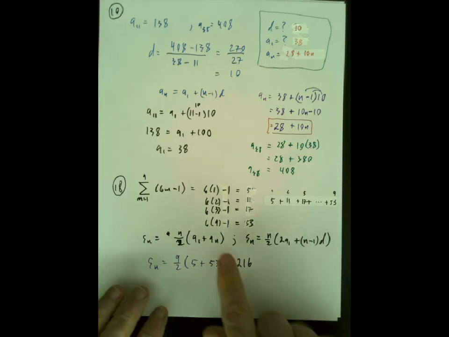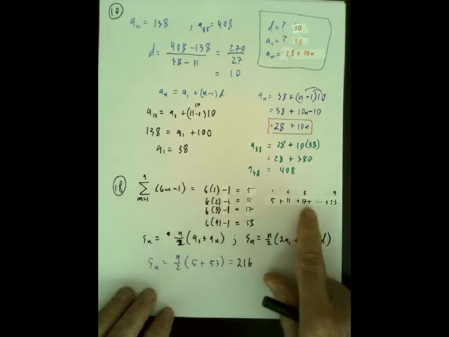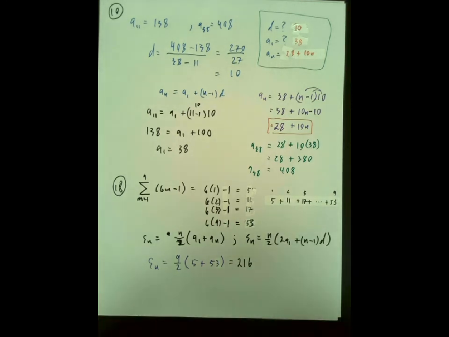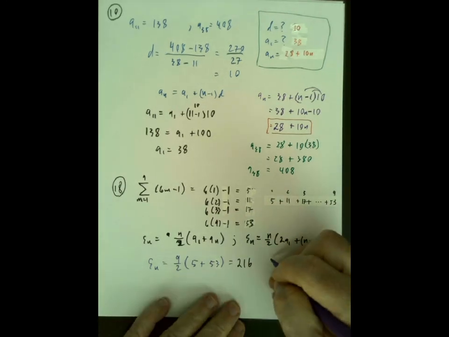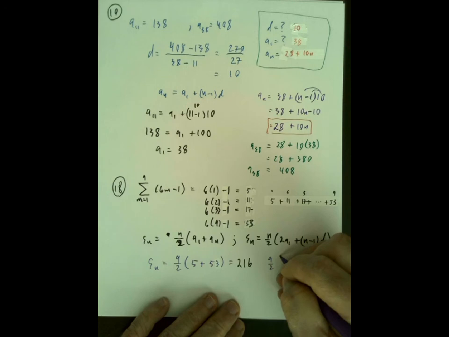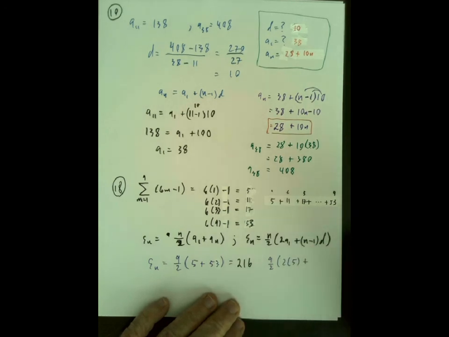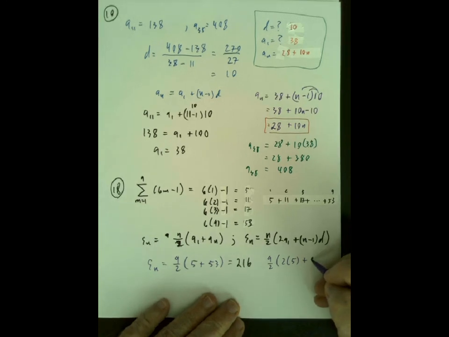In this case you can see that the common difference is 6, so it would be, in purple, 9 over 2 times 5, because that's A1, plus 9 minus 1 times the common difference, which we can see is 6.